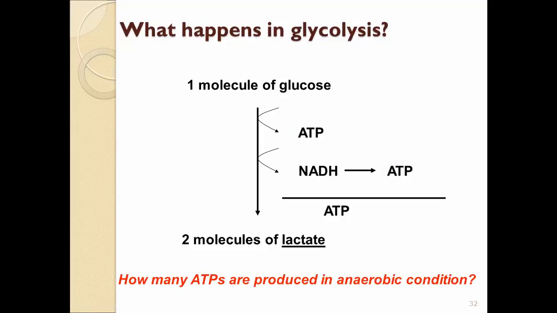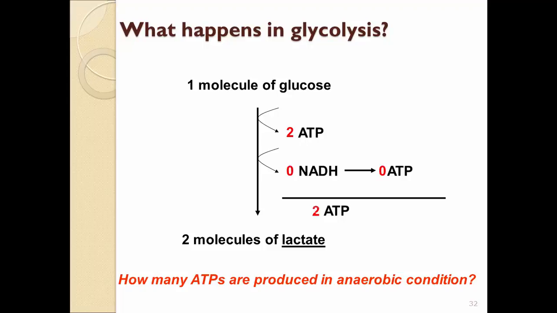What about under the anaerobic conditions? How many ATPs are produced? Should be the same, like we did. For ATP, the substrate-level phosphorylation should be the same, right? 2. 4 produced in the second stage and 2 used in the first stage, so net will be 2. And how many NADH? 0, yes.